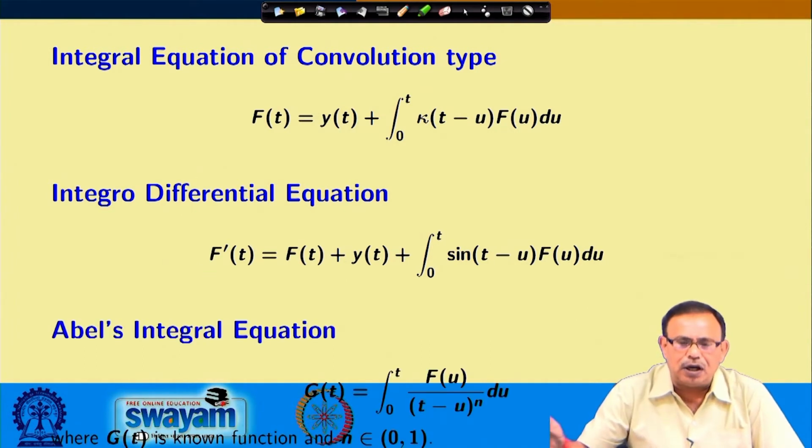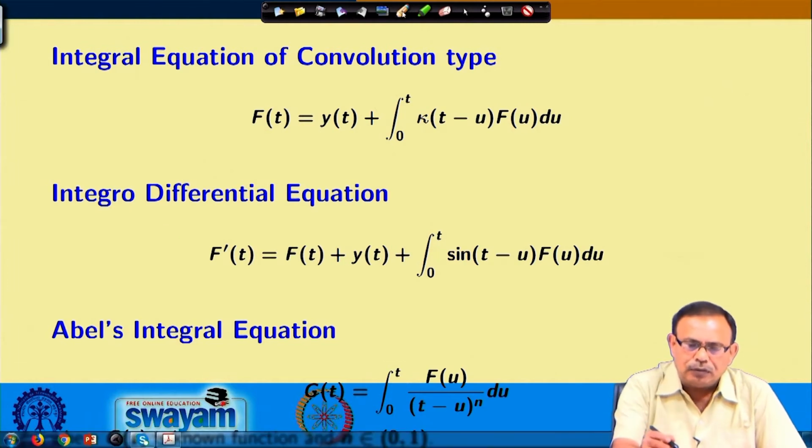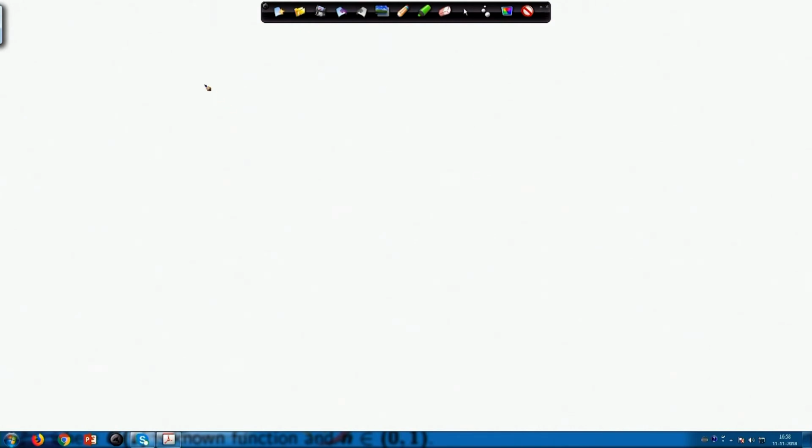This is Abel's integral equation, which is not visible properly, so let us write it down.